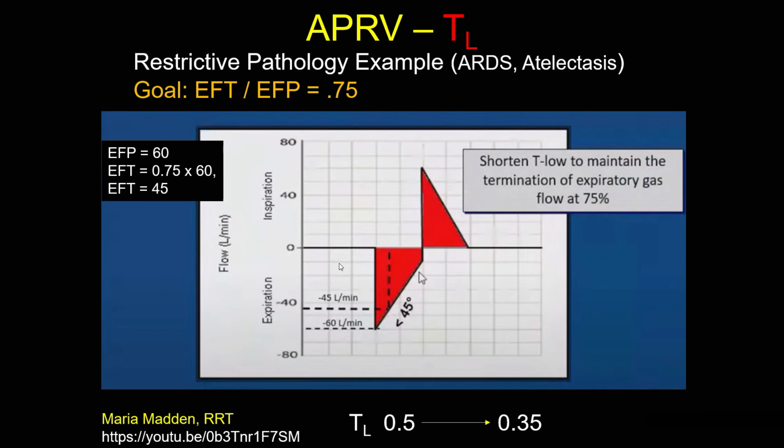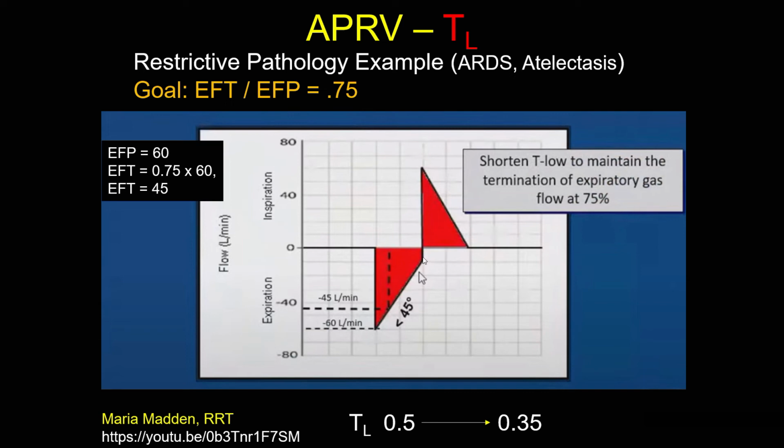And you see here with the expiratory flow rate diagram, of course, the peak expiratory flow is immediately at the beginning of the release phase, where in this example you have negative 60 liters per minute. 75% of that is 0.75 times 60, which comes out to 45, meaning that once the expiratory flow rate drops to negative 45 liters per minute, that's where you want the release phase to end, right there.